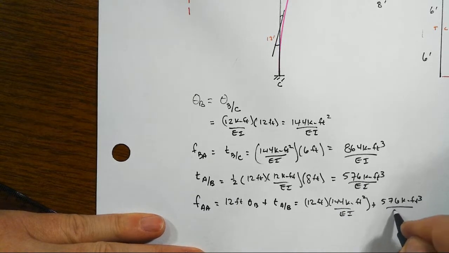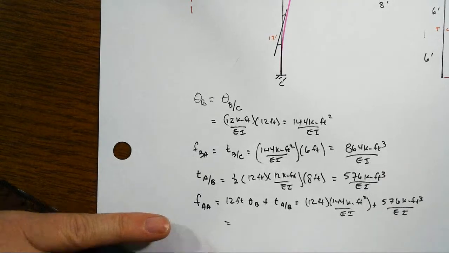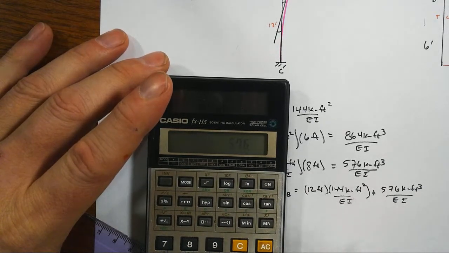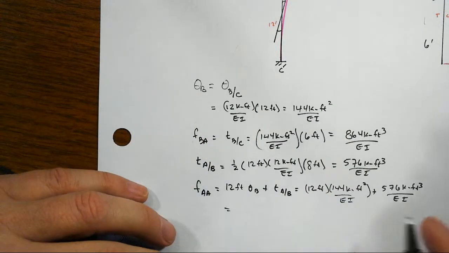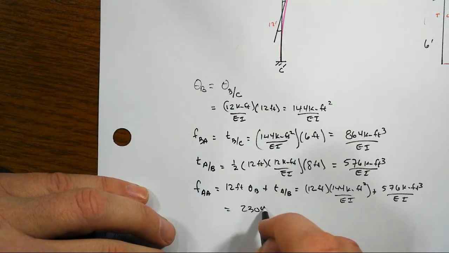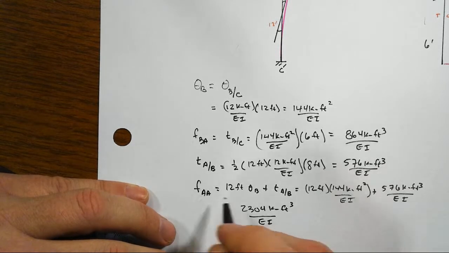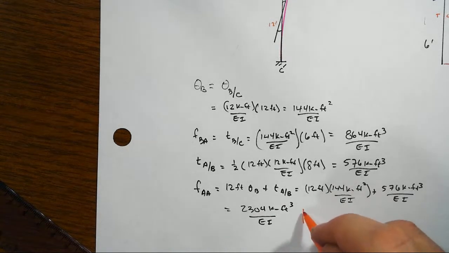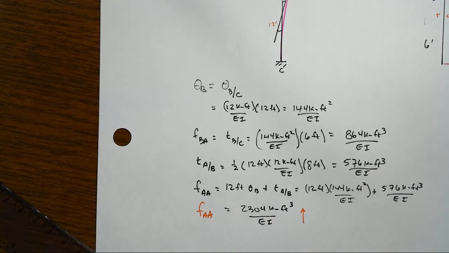That isn't going to be the big portion of this at all. And so that will be a total of 2304 kip-foot cubed over EI for FAA. From which the next steps are going to follow, and by the way, that would be up, wouldn't it? And that's going to be critical for the next couple of steps.